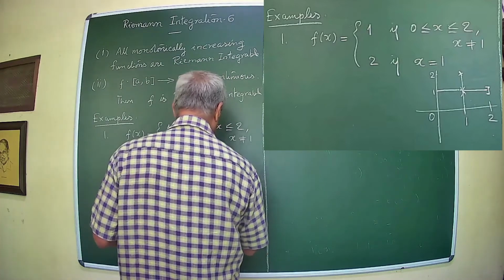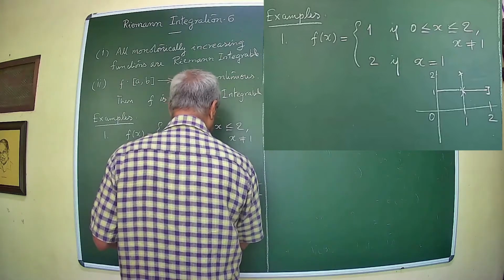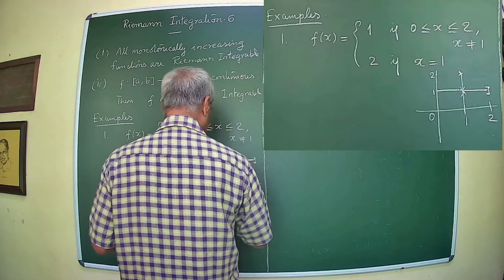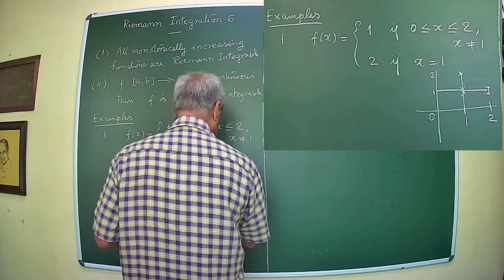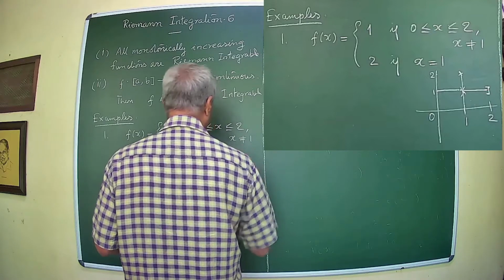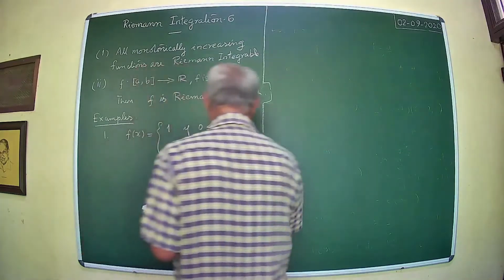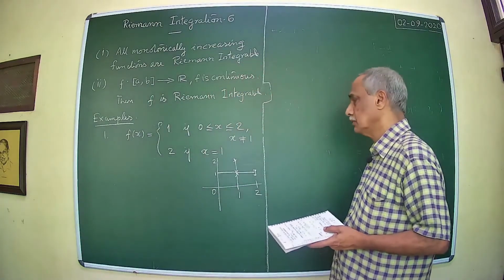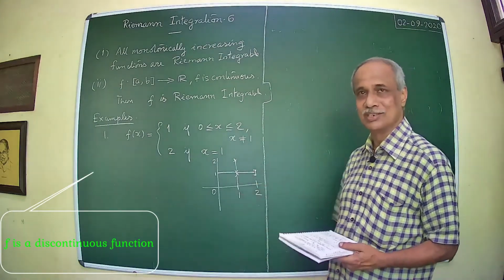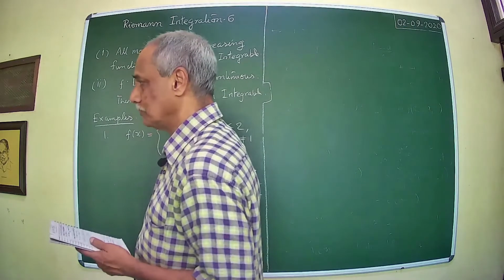On the interval 0 to 2, we define the function to be equal to 1 over this interval, and at this point we define the function to be equal to 2. We examine whether this is one of the simplest discontinuous functions that you can define. Is this Riemann integrable?